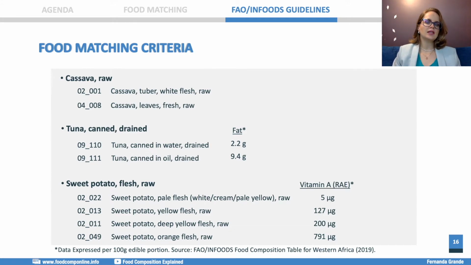So these are the problems that we can have when the food description is not complete, either in the food consumption survey or in the food composition table. And we need to be careful with these points.